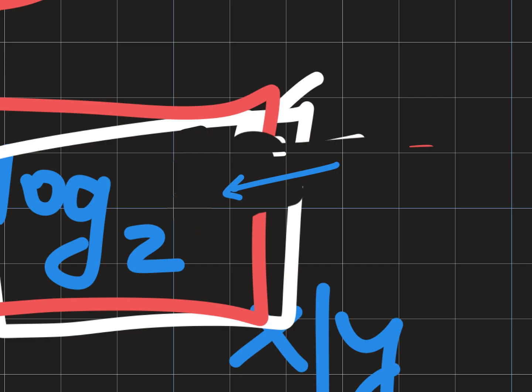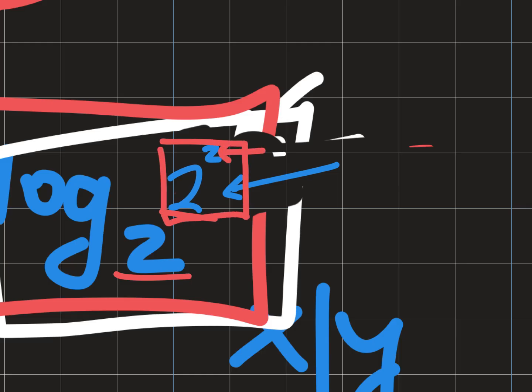You'll find out that so much of exponentials and logs is about bases being the same. It's a huge deal. So, look, I made the bases the same. Then the answer is the exponent. It used to be a 4. I put in a 2 squared instead.